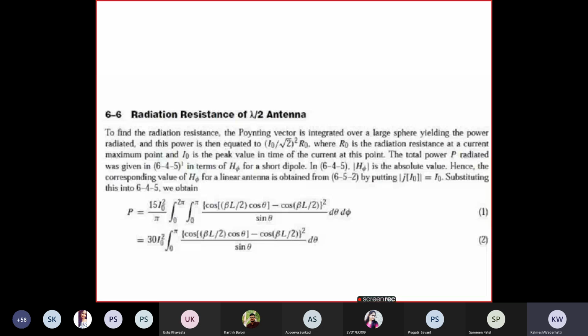This is the RMS value of the current. With respect to that, we have the calculation of the power. Therefore, equating these two, you will get the radiation resistance of the lambda by 2 antenna.